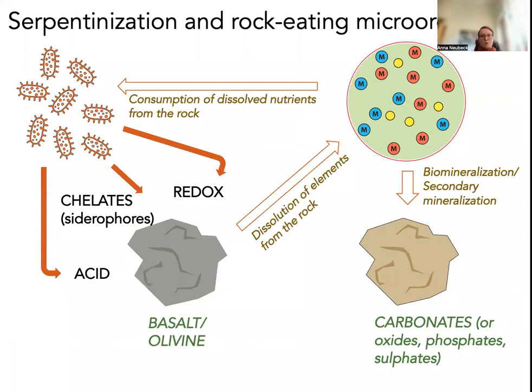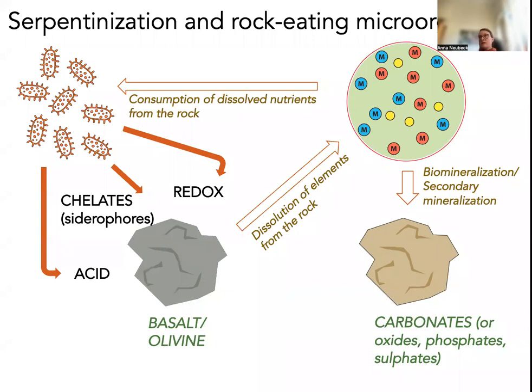I was going to talk a little bit about microorganisms that are living within rocks, so in the dark, using rocks to extract the nutrients they need. Microorganisms living in rocks can extract nutrients from the rock directly, or by consuming the already dissolved elements in the solution.